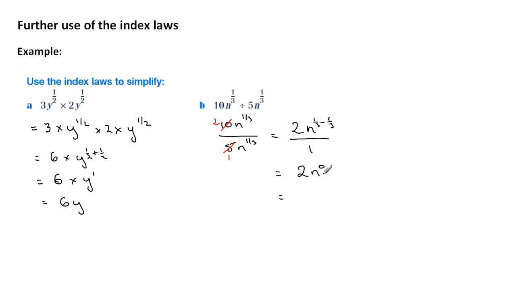And once again, remember that the power of 0 only applies to the n. So I'll just expand it out, and this is what it means. So we can finish it by applying the 0 rule. N to the power of 0 is 1, so our answer is 2.